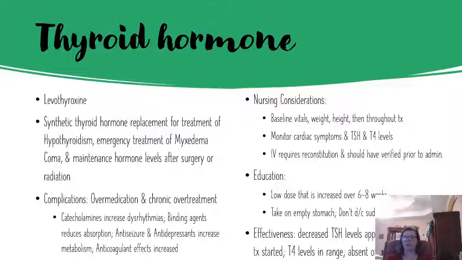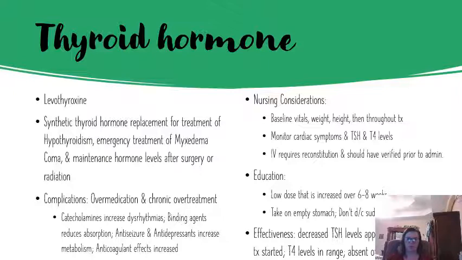The T4 levels should be in normal ranges, and they should be absent of any of those hypothyroid symptoms, because that's what we were treating. So hypothyroid symptoms would be like the constipation, the slowing of everything, all their symptoms.